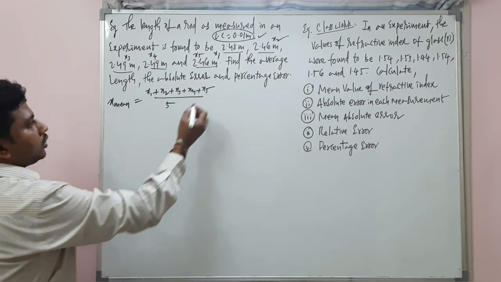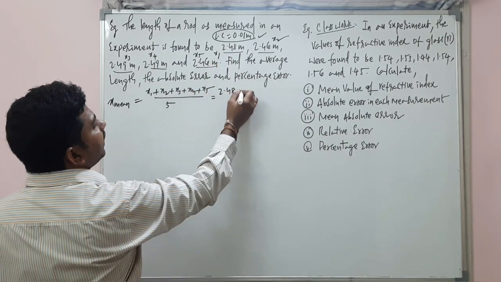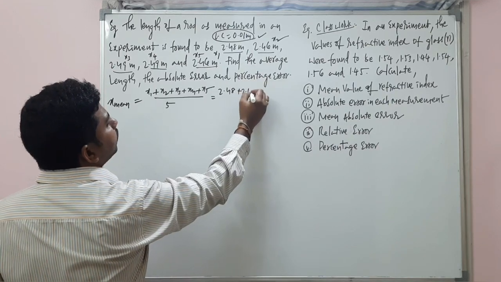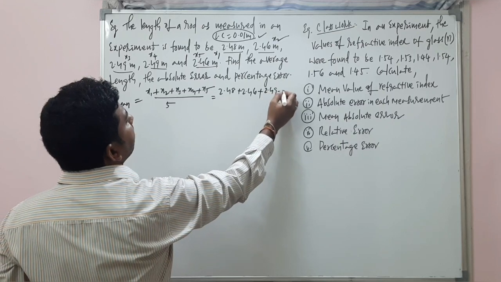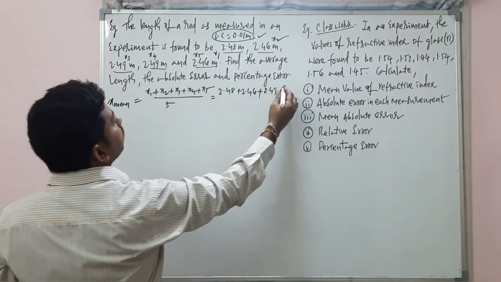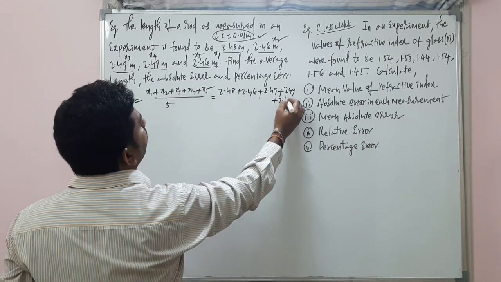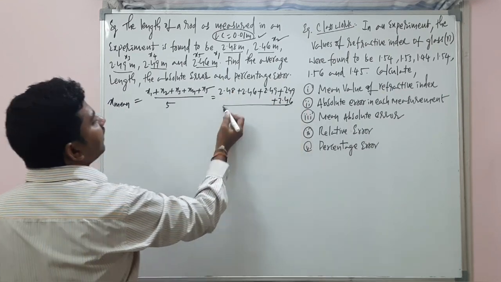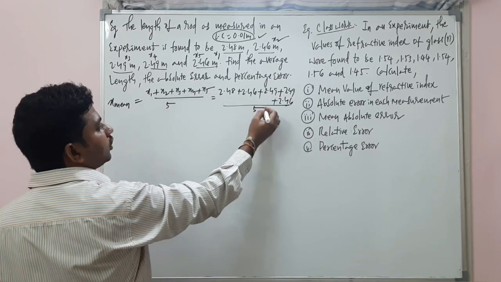Exactly correct. x1 is 2.48 plus x2, 2.46 plus x3, 2.49 plus x4, 2.49 plus x5, 2.46, all divided by 5. That's called the mean.